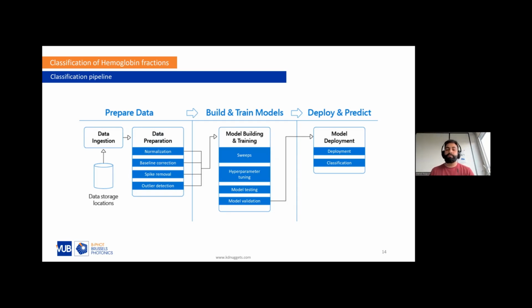And after we find a certain model that we are happy with, then we could actually deploy it and use it for our classification tasks. So this is the whole pipeline. So we start from the data and we get to the point that we are happy with our models. They're optimum enough as we go to deployment and classification.